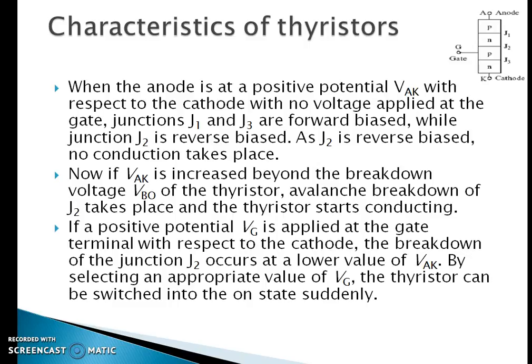Now the question is why we provide the gate signal for SCR. Applying forward voltage from anode to cathode is very much needed for SCR due to its higher power handling capacity.